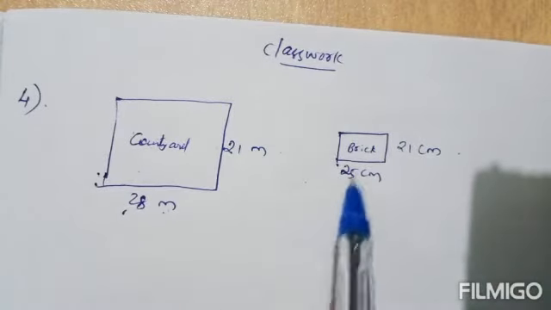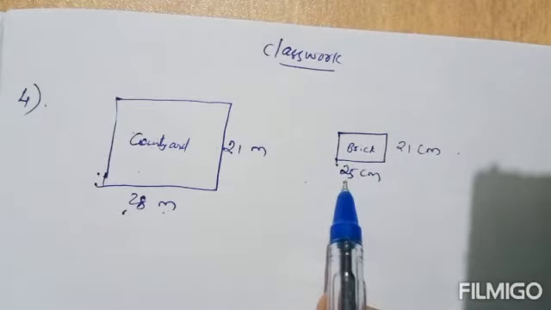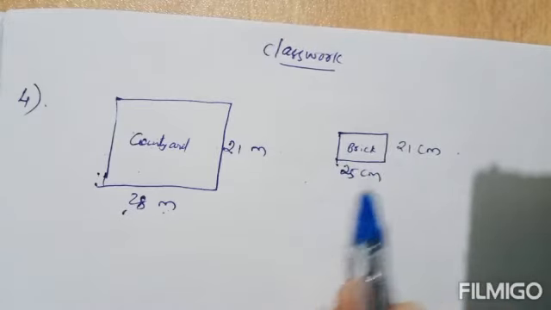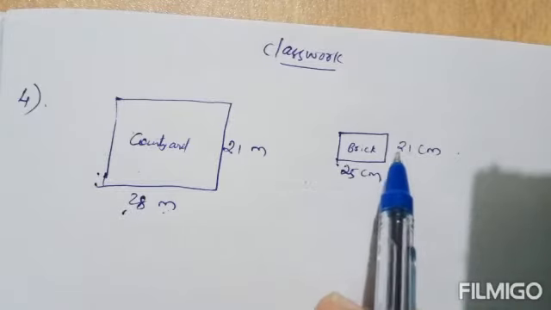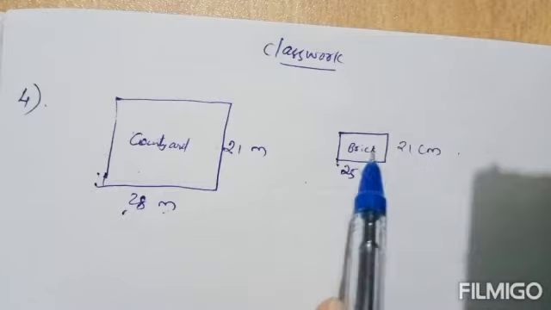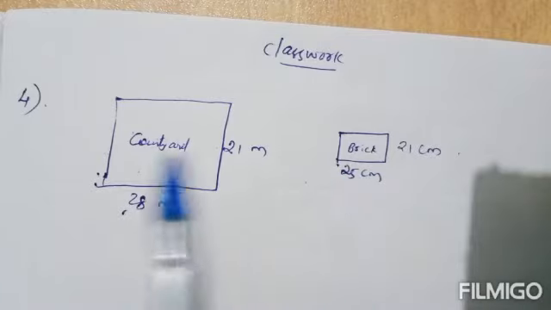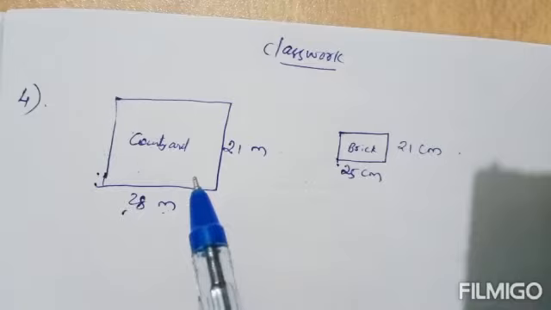The brick's dimensions are given, 25 centimeter length and 21 centimeter width or breadth. How many bricks are required to pave this courtyard? That you need to find here.